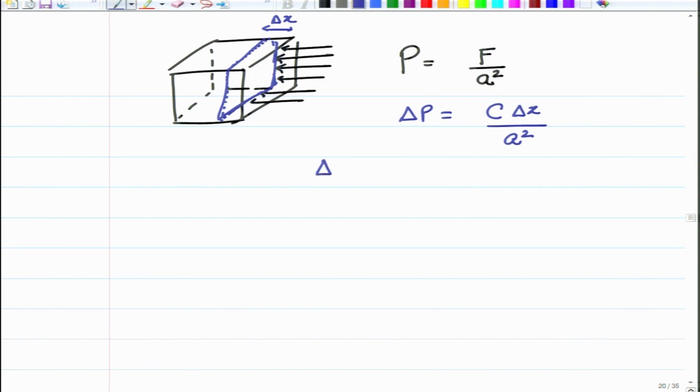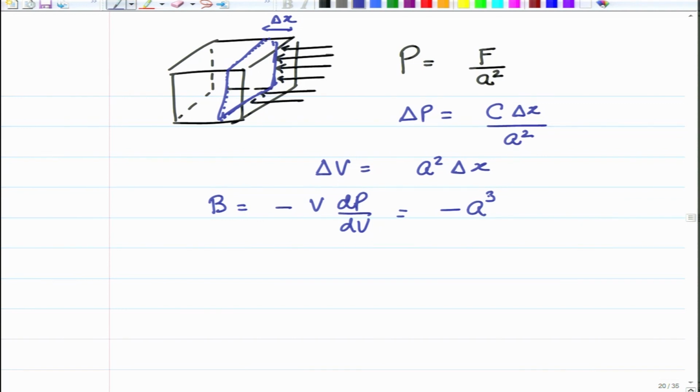How about delta V? The volume change is going to be A square times delta x, and therefore, the bulk modulus, which is minus V dP over dV, is going to be equal to minus A cubed.